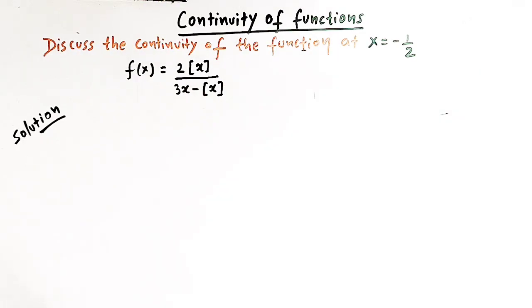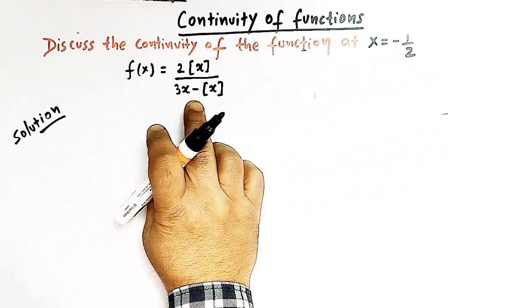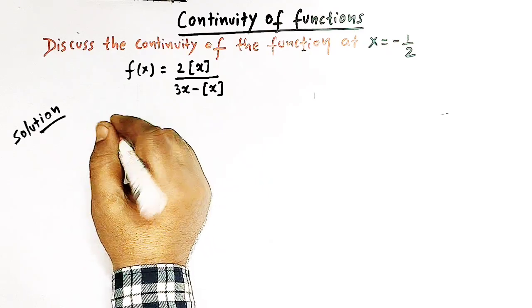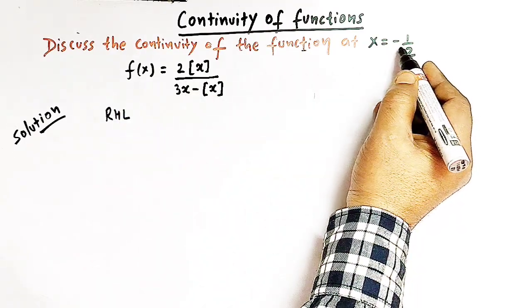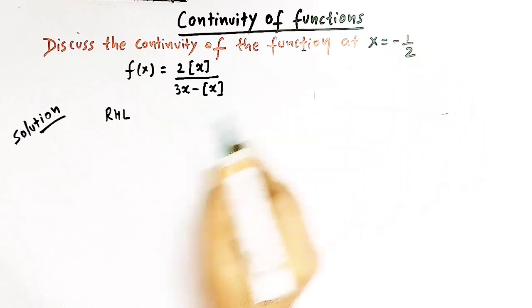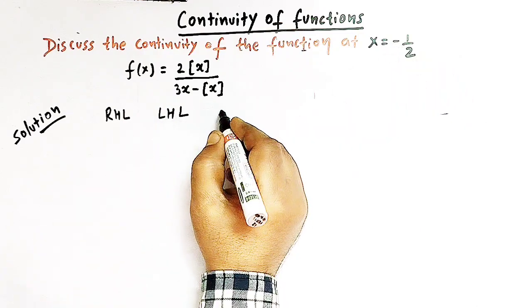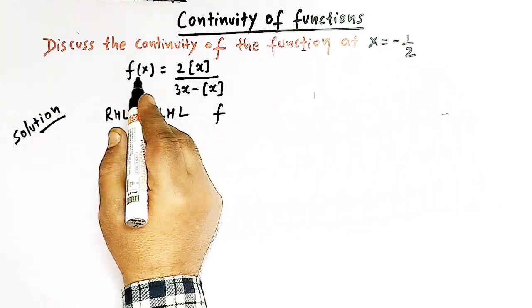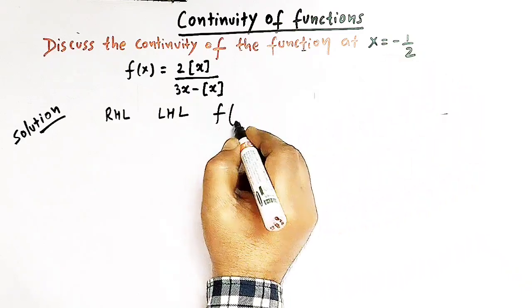Now to check the continuity of this function at x equal to minus half, we have to find the right hand limit of this function at this point, then find the left hand limit, and then find the value of this function at this point, that is minus half.